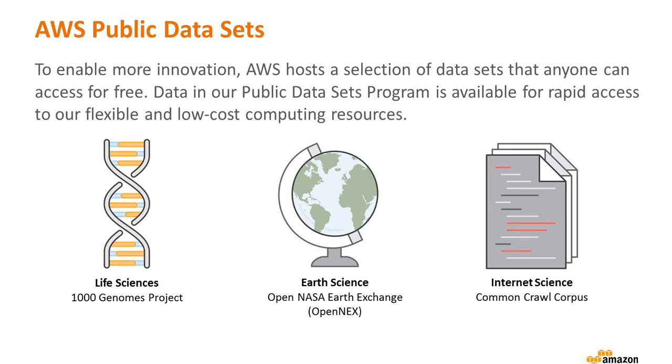And just like the model around the open data on AWS that I just shared, it makes that data available very close and easy to access with our computing resources. We have data from a range of sectors, including life sciences, our 1,000 Genomes Project, earth sciences with NASA Earth Exchange, OpenNEX, and internet science with the Common Crawl corpus.